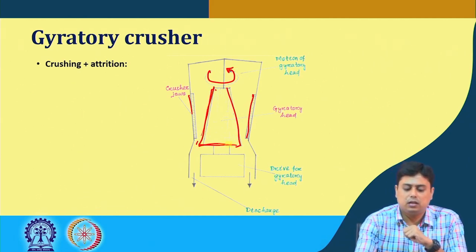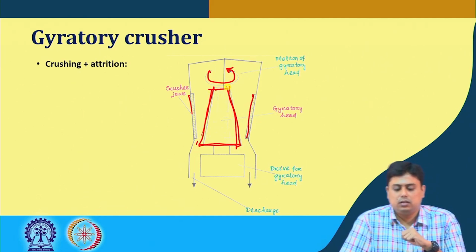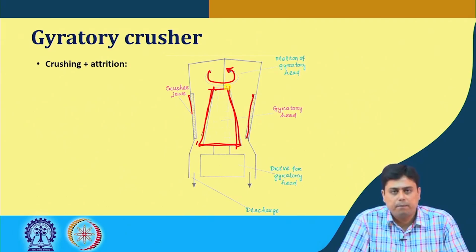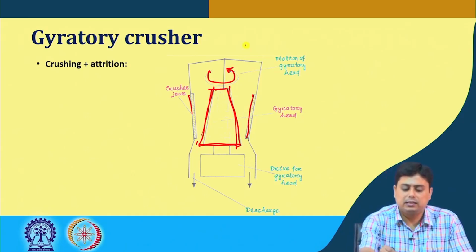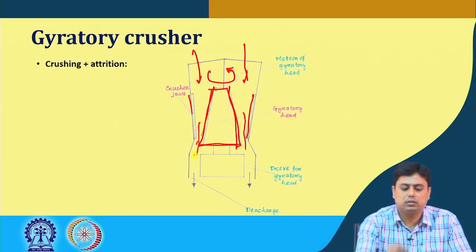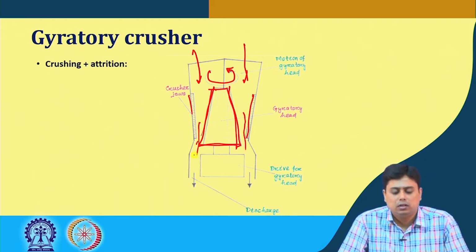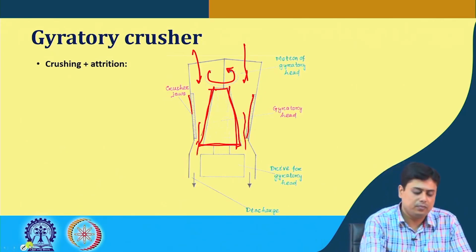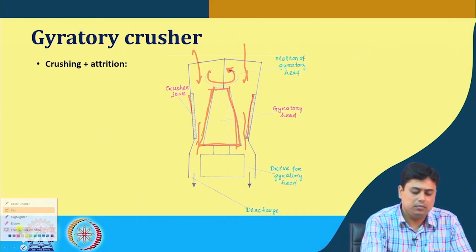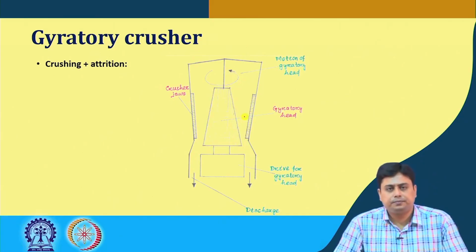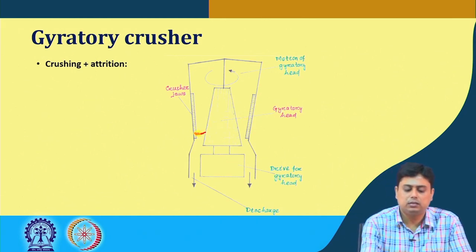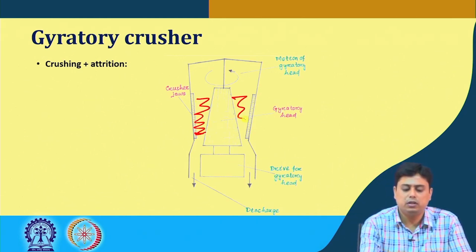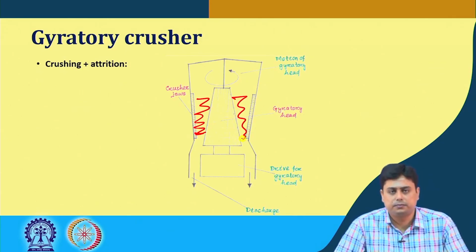So this acts as a gyratory head which rotates, and the particles that come and flow through this annulus or this gap between the gyratory head and the static chamber, where the static chamber surfaces, the jaws, are there, it crushes the particles whichever comes in between these two surfaces.